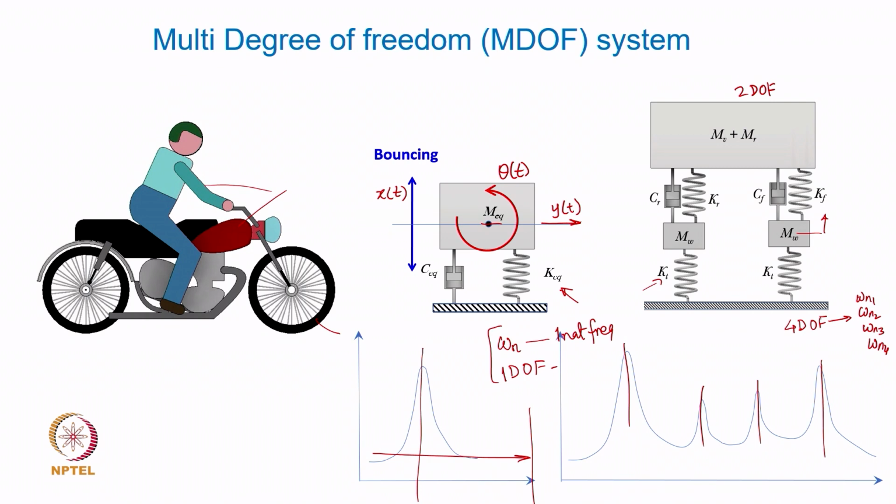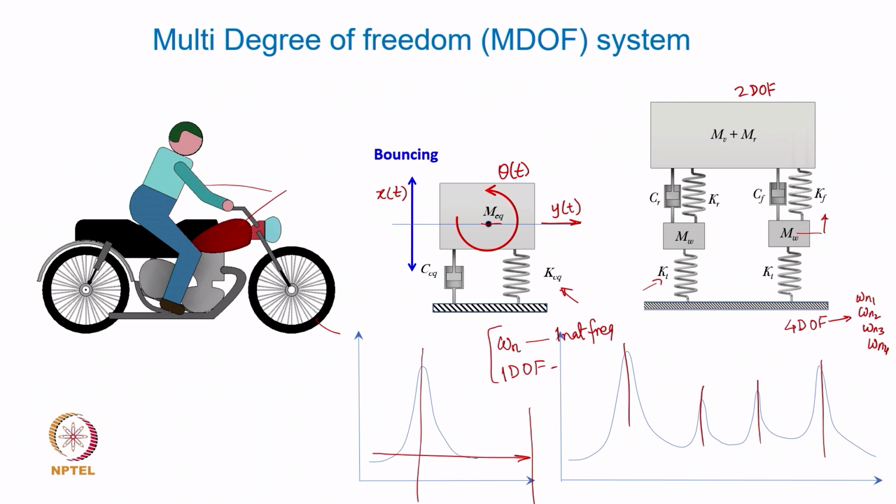Some of them will be close to each other, some of them will be far apart, it all depends upon the properties of the system and the parameter values kt and m and so on. But the point is, when you have multiple degrees of freedom assumed in your model, you can expect such a dynamic magnifier graph or a frequency response of the system wherein you will have all possible resonances. Okay.